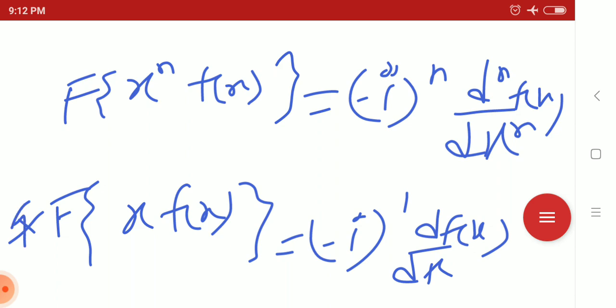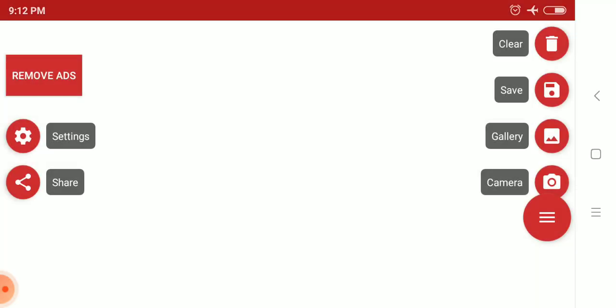Similarly, what we can write is: Fourier transformation of x f of x equals minus iota d f of k by dk. It is one of the most important properties.